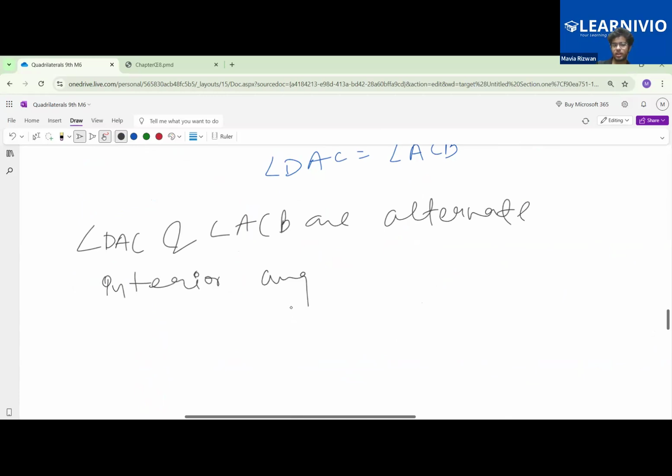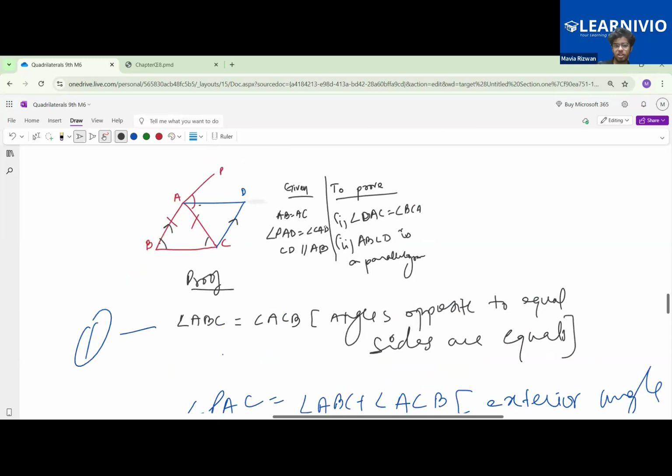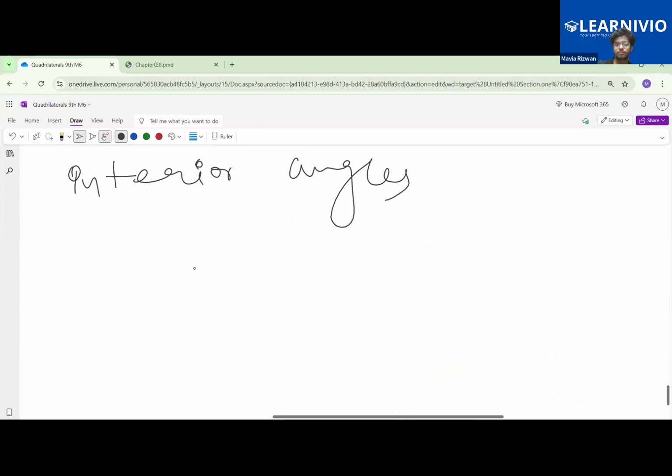If they are alternate interior angles, it means this side is parallel to this side. So AD is parallel to BC.